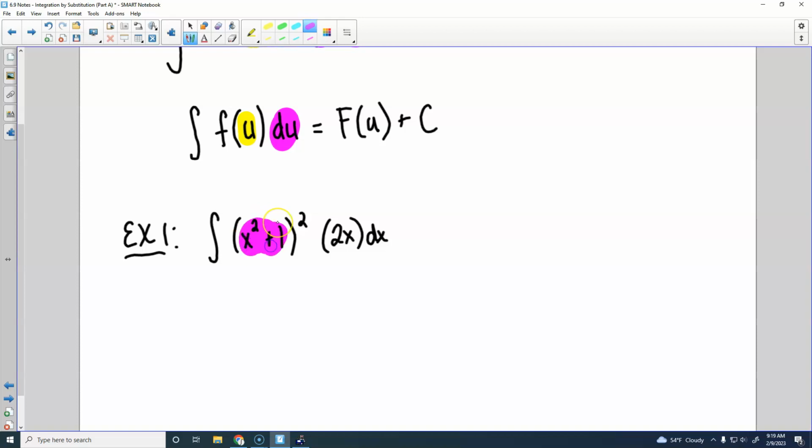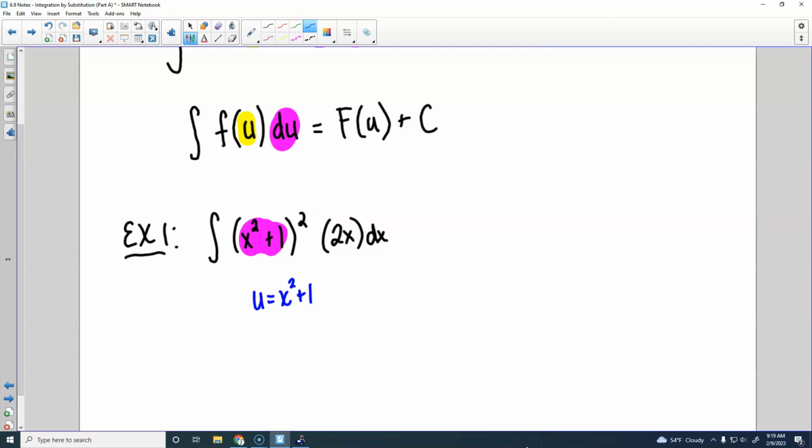X squared plus 1 looks like our inside, right? Sometimes it's very obvious. Other times it's not quite as obvious, and you have to play around with it a little bit. So we're going to let U equal x squared plus 1. So we are saying that U, our inside part of this function, is x squared plus 1.